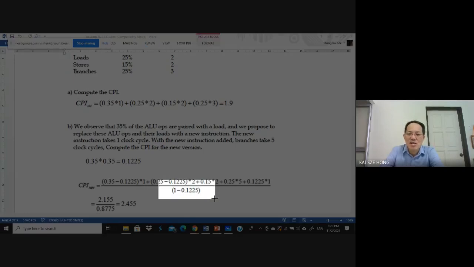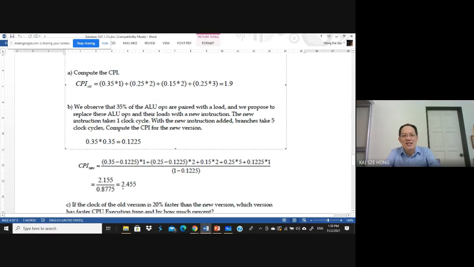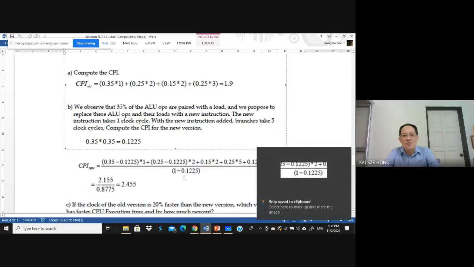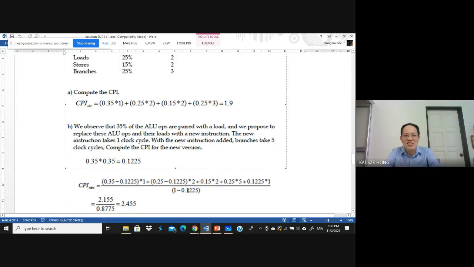This one has been reduced because two instructions, add and load, have become one instruction. That's why the number of instructions has reduced. When the number of instructions is reduced, the denominator is also reduced to 1 minus 0.1225. In this case, you will find that the new CPI equals 2.155 divided by 0.8775, which is 2.455.